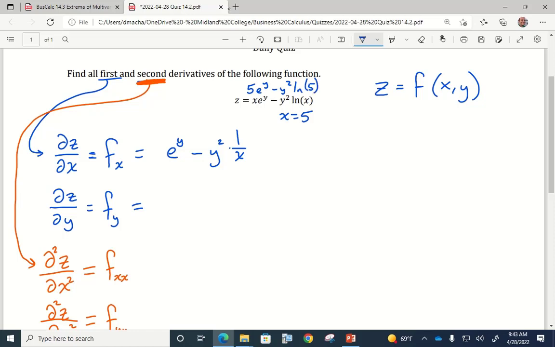Taking the derivative of this with respect to y would give me 5e to the y, because the derivative of e to the y is just e to the y. And then I would have y squared, which would be 2y natural log 5. But again, that's not really a 5. I was just using the 5 to help me pretend that x is a constant. So instead of having the 5, it's actually an x. That's what I mean when I say pretend x is a constant.